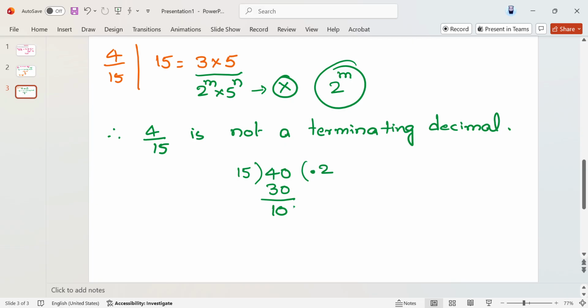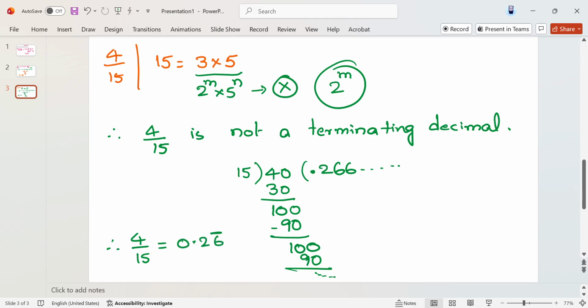And 10 is smaller than 15, so you can borrow a 0 as we have taken the decimal point. 15 sixes are 90. What is the remainder? 10. You can borrow again, 15 sixes are 90. So it continues and continues. Therefore we can show that 4 by 15 is not a terminating decimal.